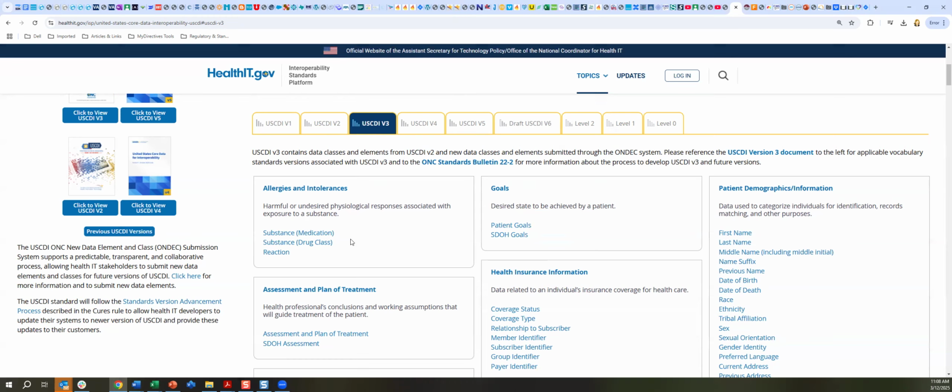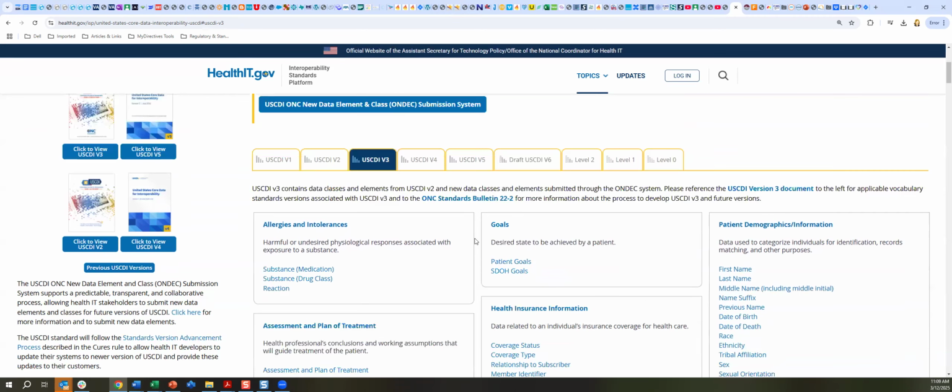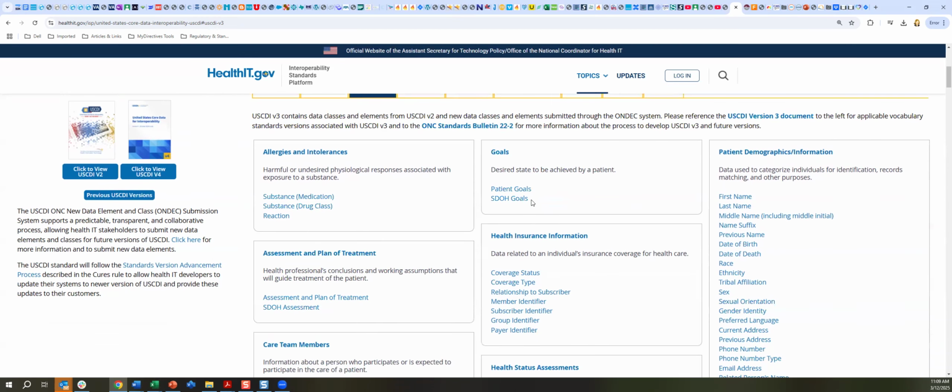If a clinical record system has a medication substance, then by X date, that information has to be liberated from those electronic health records and made available to the larger healthcare ecosystem. And you can see how things start slow, right? So, way back in version 3, the idea of exchanging, making available patient goals really came to fruition.